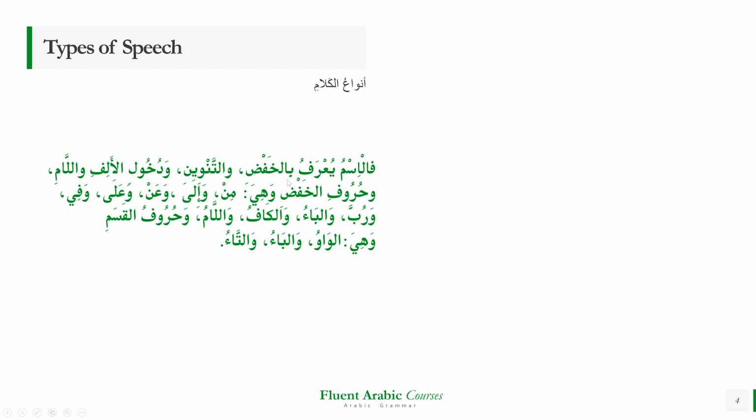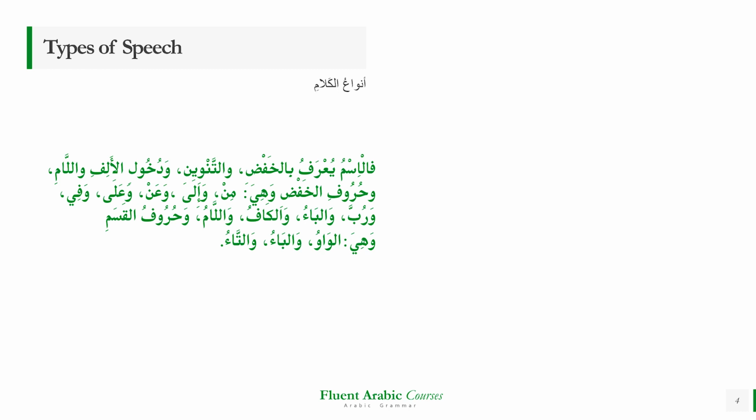The first condition is that if it takes khafd, or the state of khafd, then it has to be a noun, because the verb never takes the state of khafd. It can be yadhabu, yadhaba, or yadhab. It can take rafa, nasab, or jazm.